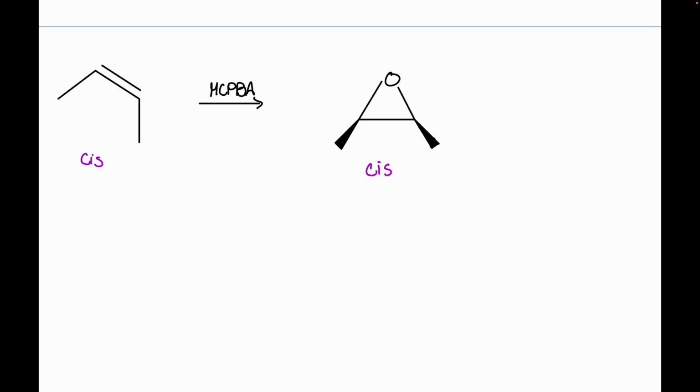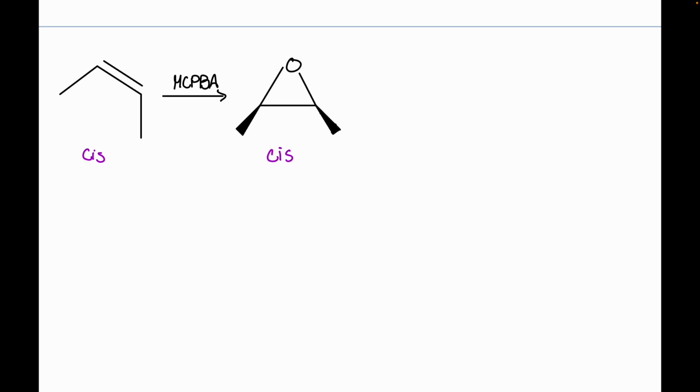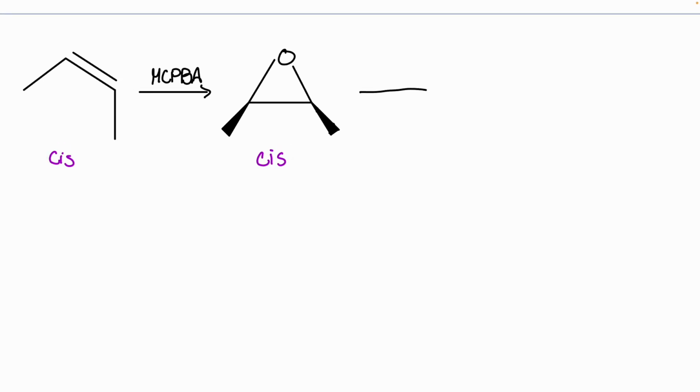All right, and we're going to follow this up with one of our nucleophiles. We'll do that good hydrogen sulfide nucleophile. All right, so the reason why this is going to be important, and I've tried to hammer this in with how we were drawing our products in the first place, is my nucleophile is going to have to attack.